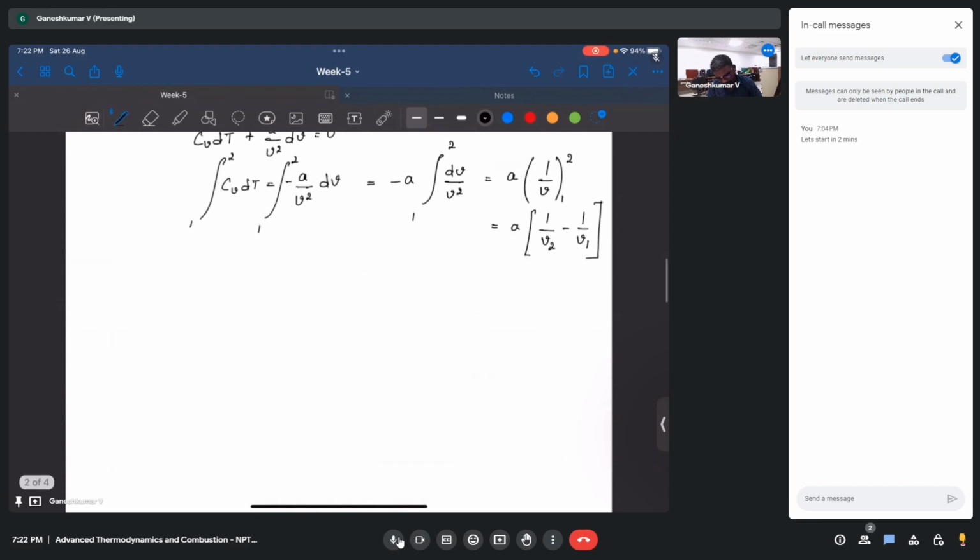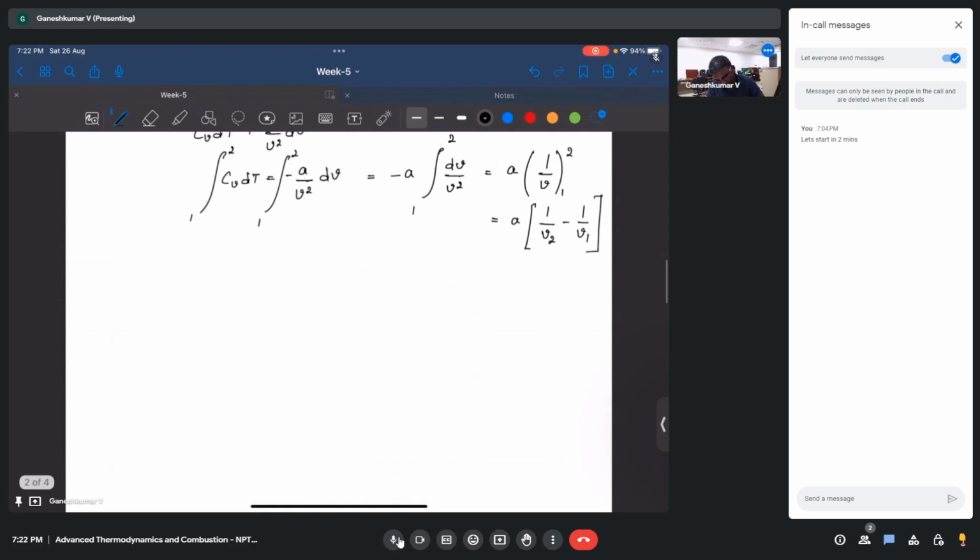Now, so let's write this down. It is going to be integral of Cv dT is equal to A times 1 divided by V2 minus 1 by V1.